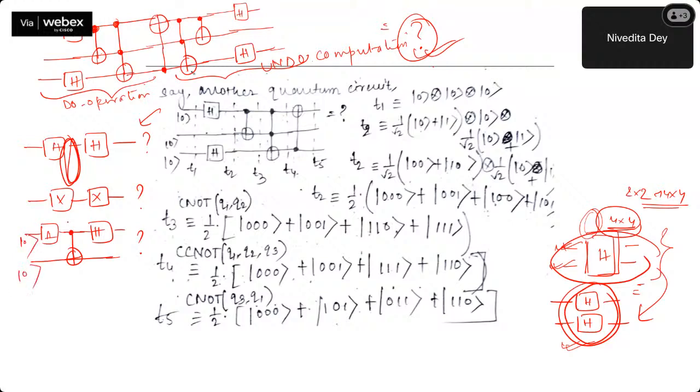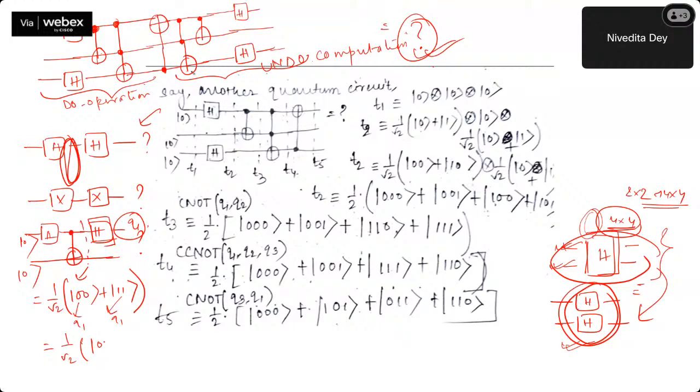Say here it is 0, here it is 0. So at this point, what did you get? You got 1 by root 2 times (00 plus 11). After that, I'm applying a Hadamard on the first qubit. So the first qubit will become, again, Hadamard. Just for simplicity, let me write it down in this way.